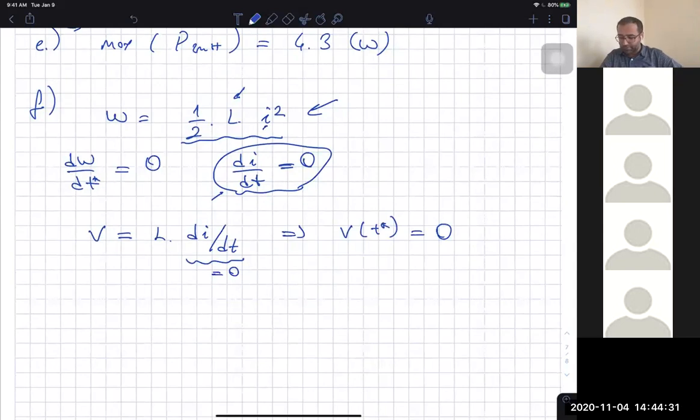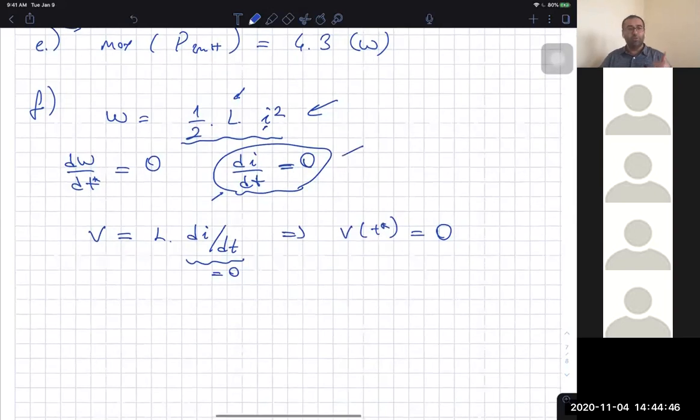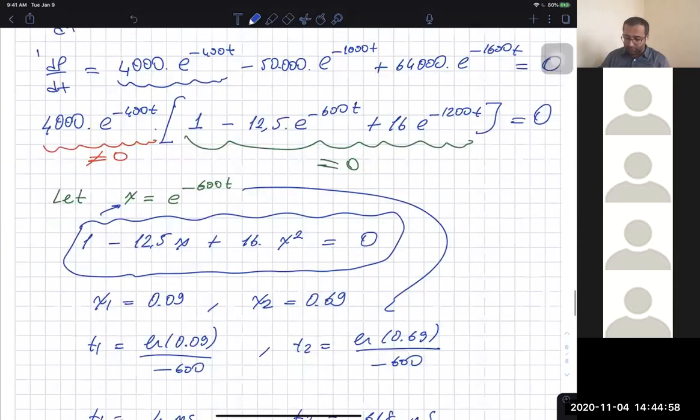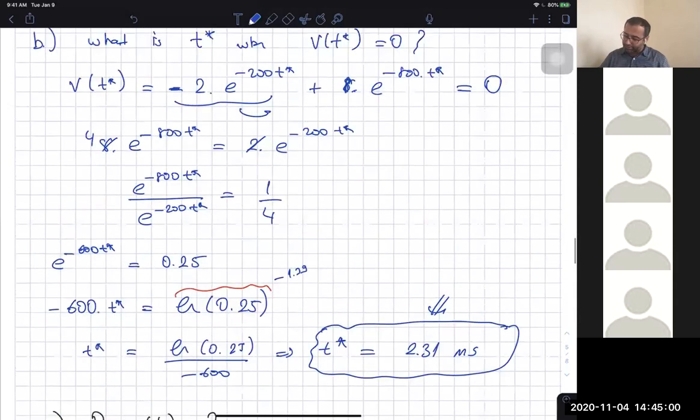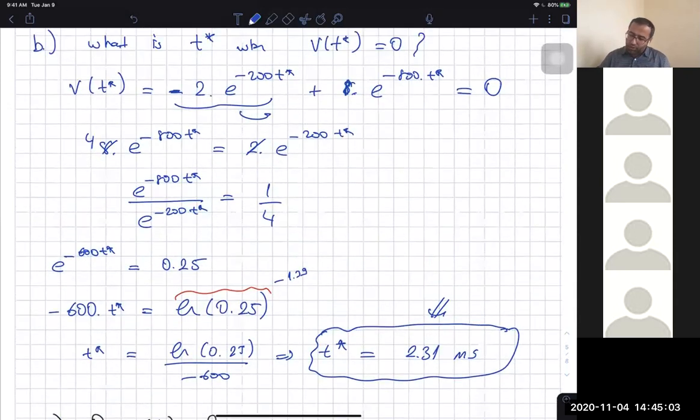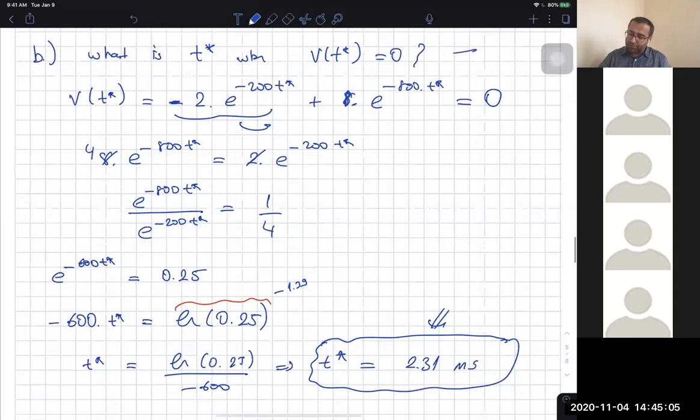If you follow the steps carefully, we are trying to find when energy is maximum, which is when the current is maximum. In order to find when the current is maximum, we will take its derivative and equate it to 0. But when the derivative of current is 0, we know it is the time when the voltage is 0. Going back, we already calculated this time instant.